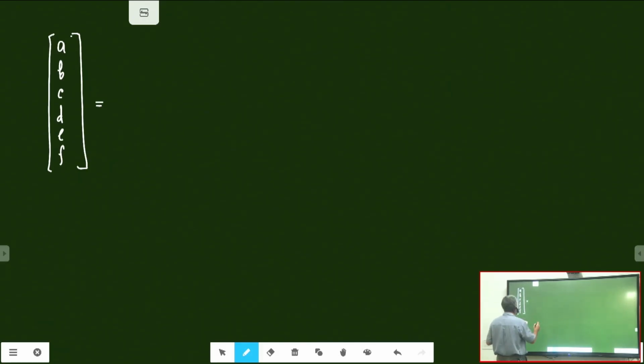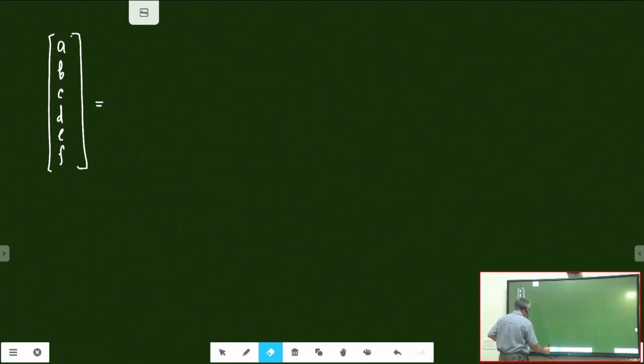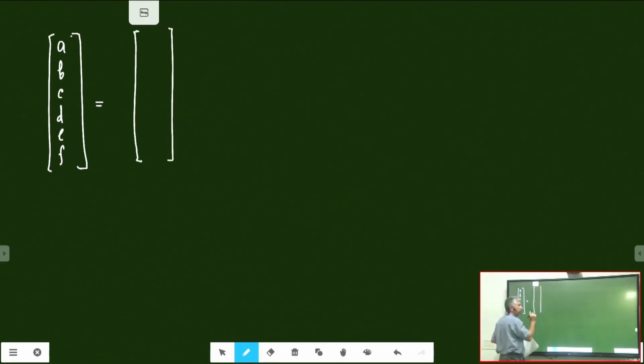So first of all, I will have, since I use square brackets, I will continue doing that. So remember, I had to introduce 3 parameters.